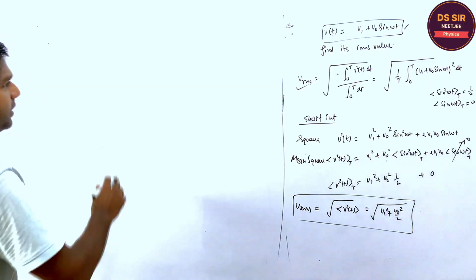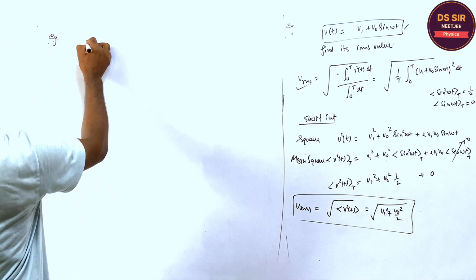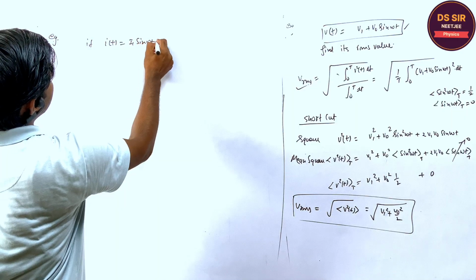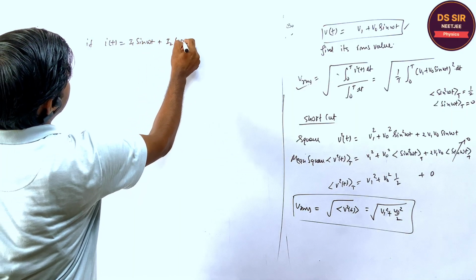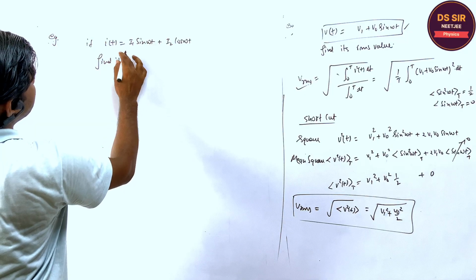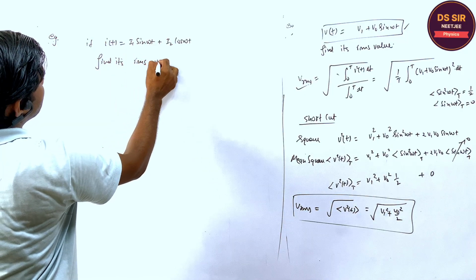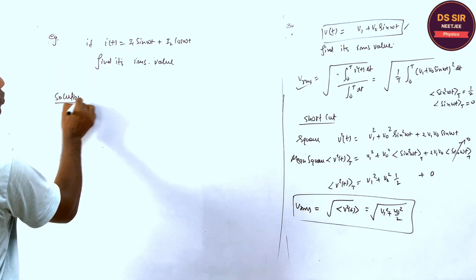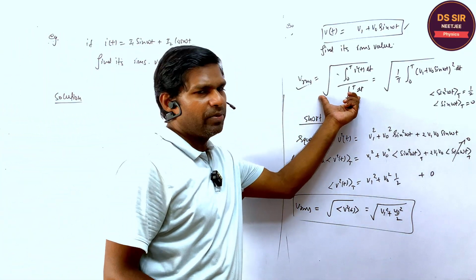Similar to this, to find the RMS value, for example, if the current is I1 sin omega t plus I2 cos omega t, you have to find its RMS value. Do you understand or not? Although you can use the basic formula, it will be very tough.